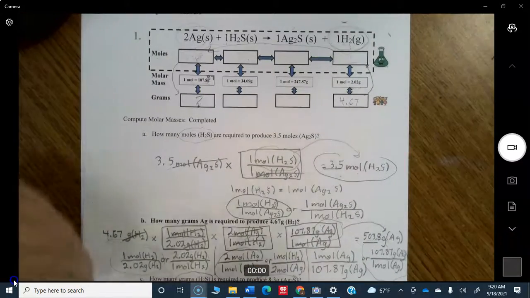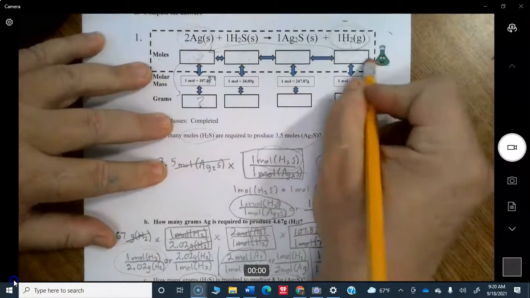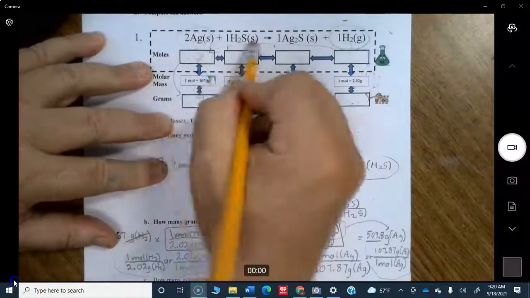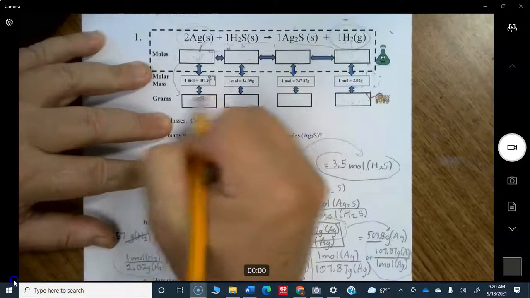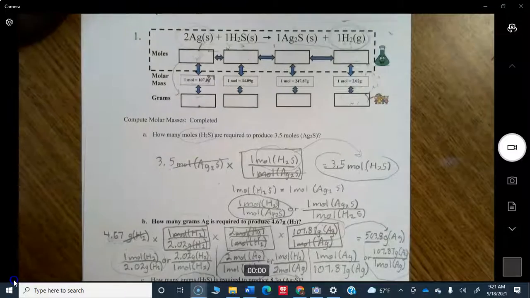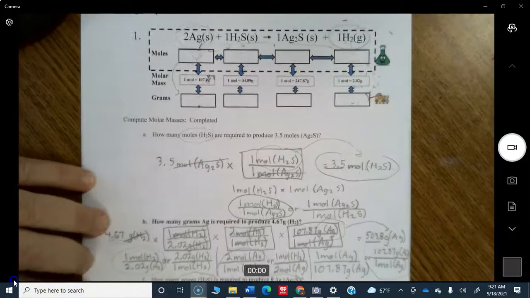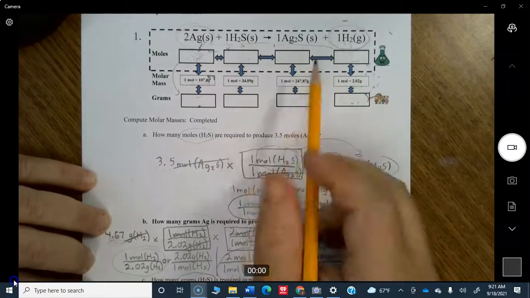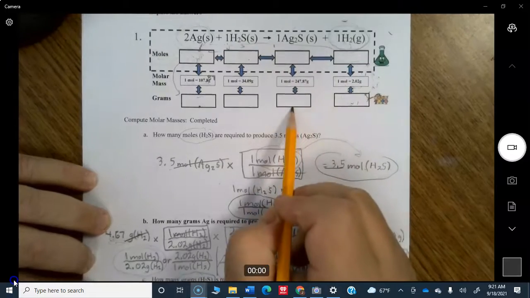So let's go up here. Let's erase our last problem. Again, write very lightly, and then the erasing goes a lot quicker. Okay, so we start with 8.3 grams of Ag2S. So here it is. Here's Ag2S, and here's the grams row.